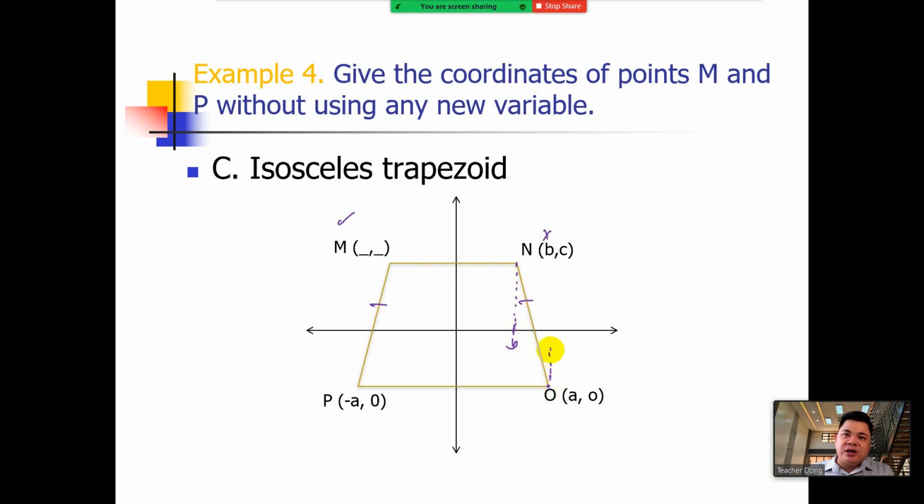Draw a mark going to the x-axis. So this x is a. Same here, draw a mark going to the x-axis. Therefore, this is negative b. And here, draw a mark going to the x-axis. Therefore, this is negative a. And we're done. And here, of course, it's c, and then here, it's negative c.